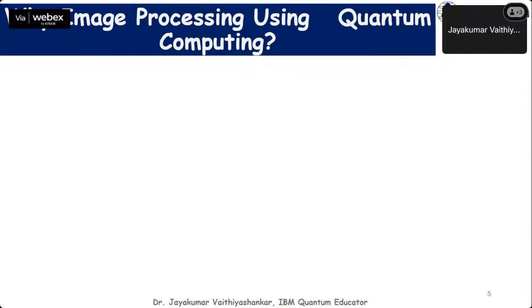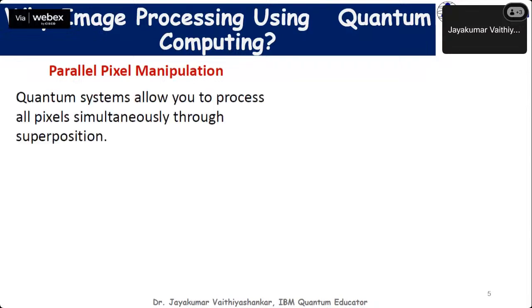Why do we need to do image processing using quantum computing? Before doing any research work or task, we need to ask this fundamental question. Already we are doing it using classical resources. Why do we need to go for quantum? If you want to do parallel pixel manipulation, a quantum system allows you to process all pixels simultaneously through superposition.